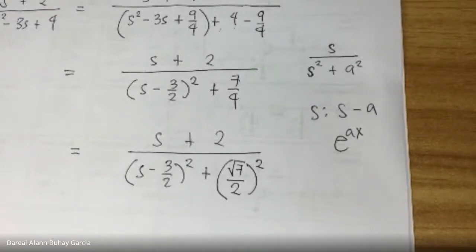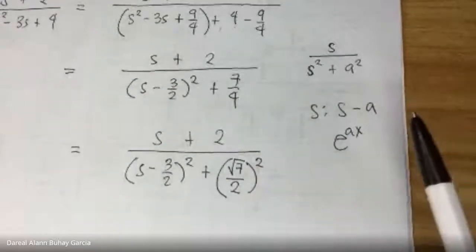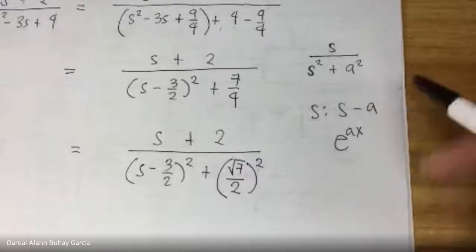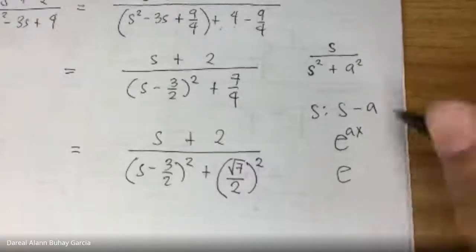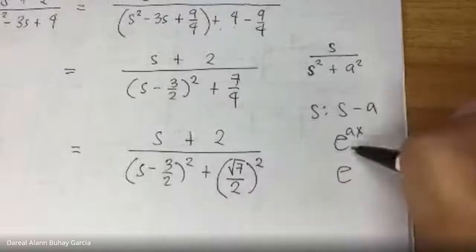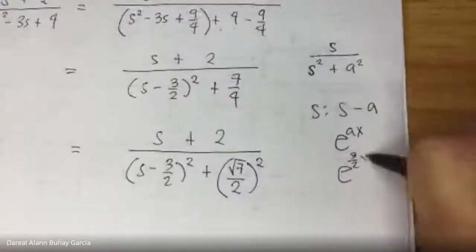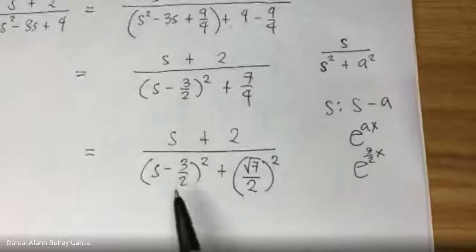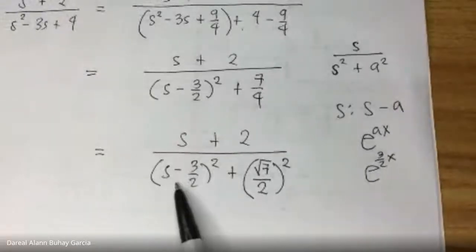Slide number 6. First translation or shifting property, Theorem 1-3. So, ang final answer ani, mag-expect ta nga i-multiply og e to the power of 3 half x. Kaya itong s is in terms man of s minus 3 halves.